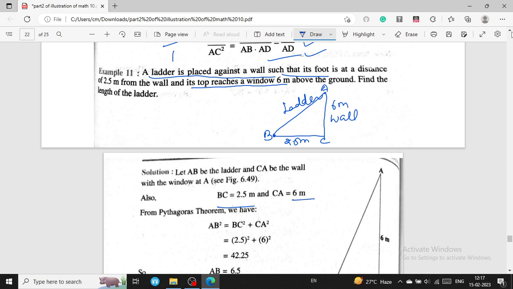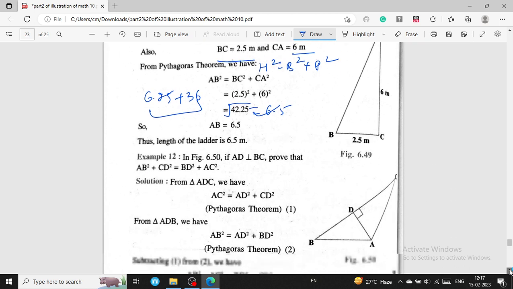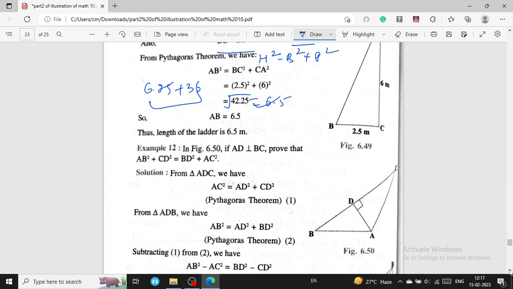According to Pythagoras theorem, hypotenuse square is equal to base square plus perpendicular square. 2.5 square is equal to 6.25. 6 6 is 36. When we add both, we find 42.25 and take its square root. When we take its square root, we find approximately 6.5 as the value of AB. And this is your AB, and this is your answer, the length of the ladder.